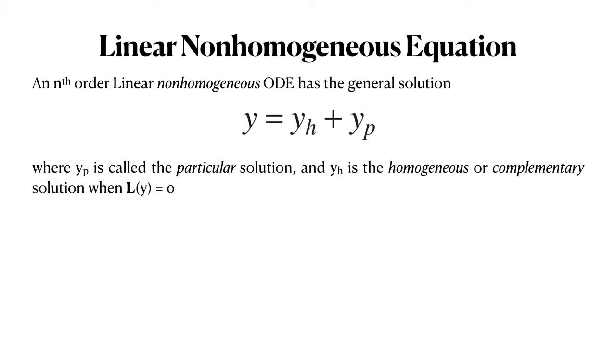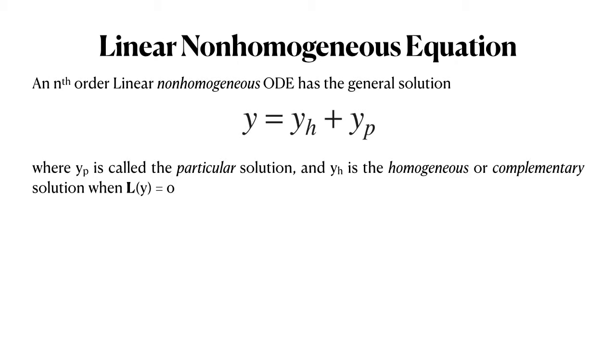So, that is for the homogeneous linear ODE. How about for the non-homogeneous? An nth order linear non-homogeneous ODE has the general solution y equals y of h plus y of p, where y of h is the homogeneous or complementary solution to our linear homogeneous ODE.